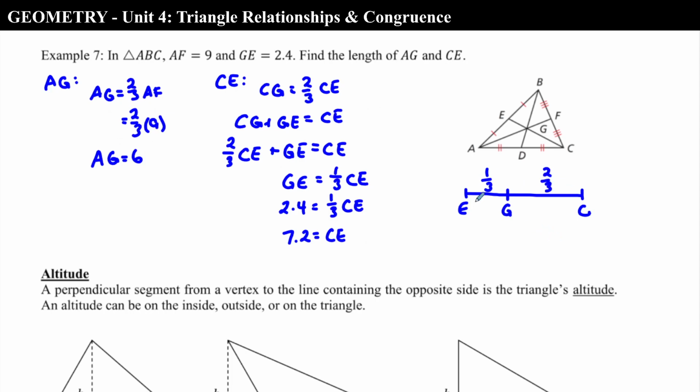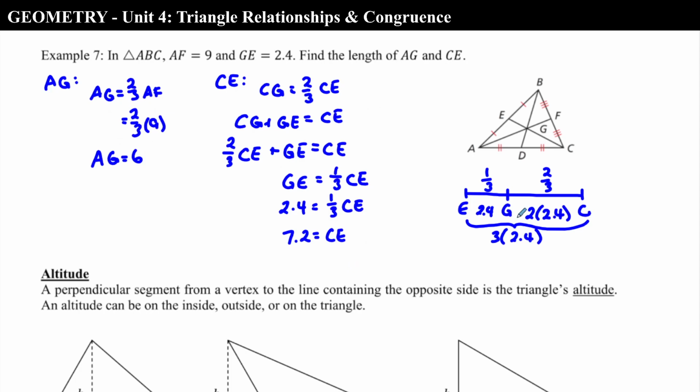If we know that GE is 2.4, that's one part. We know that this has got to be 2 times 2.4. The whole thing has to be 3 times 2.4. And that's what we ended up doing here mathematically. 3 times 2.4, 7.2. They gave us the length of the whole thing. So it may be more helpful if you look at this more visually like this.